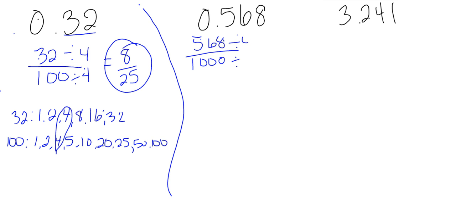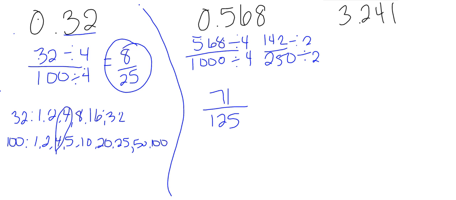So we're going to start with 4. 568 divided by 4 is 142. 1,000 divided by 4 is 250. I can divide that both by 2. 142 divided by 2 is going to be 71 over 125. And that is actually the lowest you can break it down. So that would be your answer.